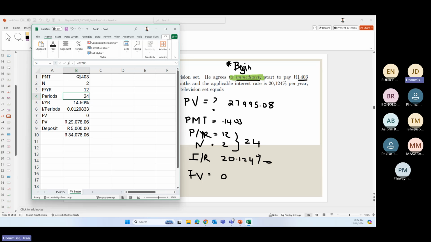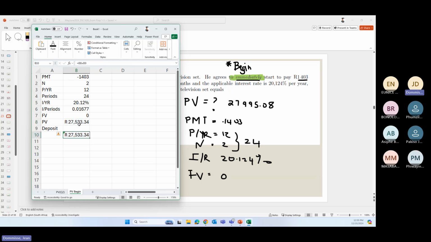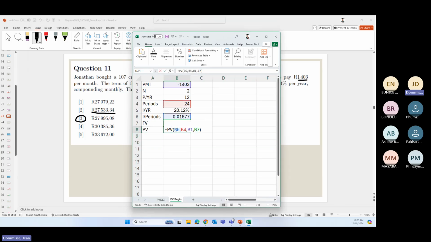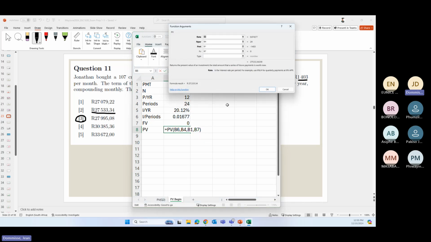So you can see automatically it updated for certain things. Our interest rate is 20.124%. Future value 0. So at this point, you can see that we've got our normal one, 27,533. Okay, so let's go into that function.